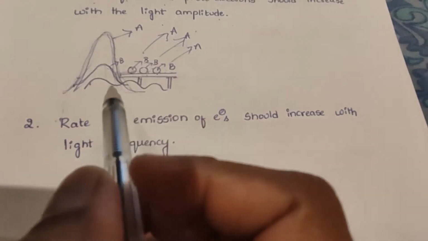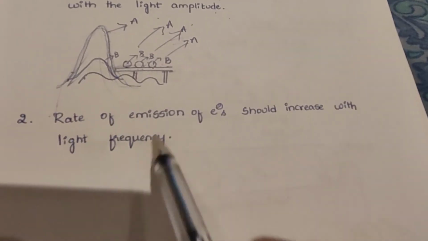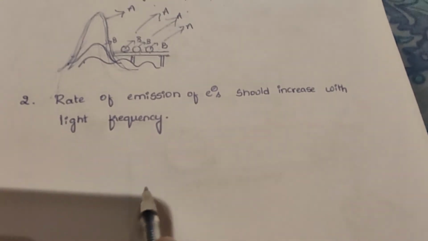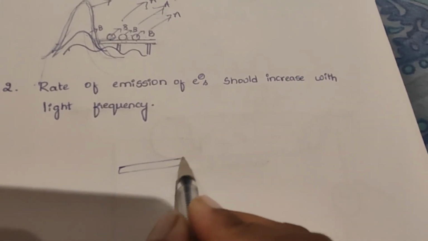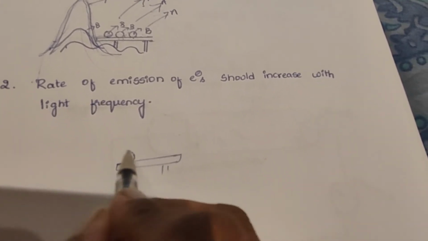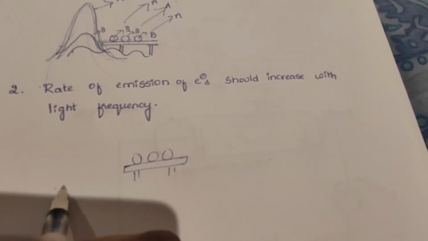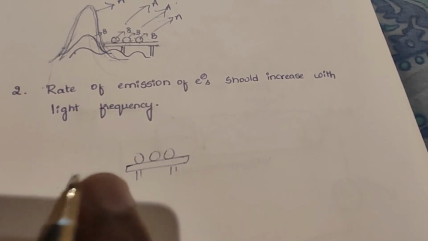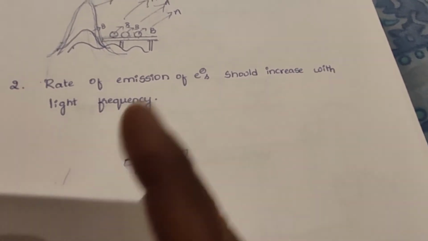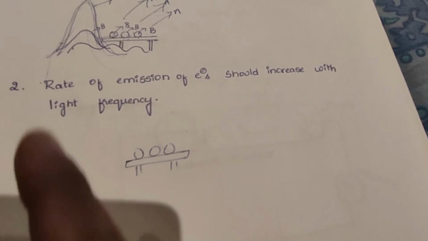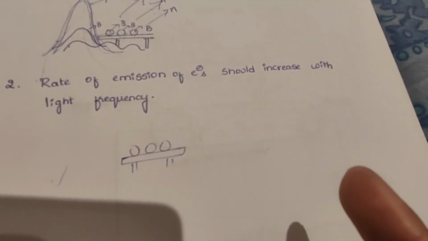So let's consider the same example. I will explain this. If the dock is hit by same amplitude waves, we are considering two situations with the same amplitude, meaning the same wave.